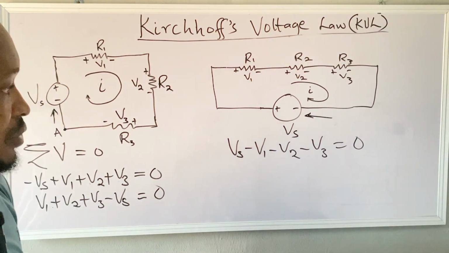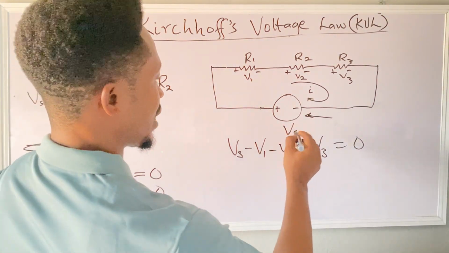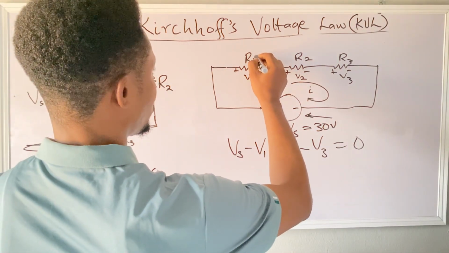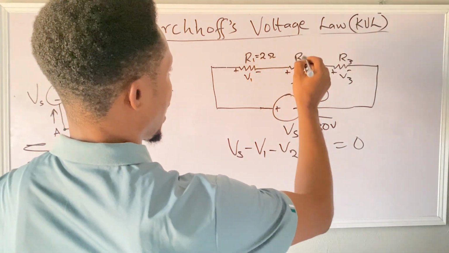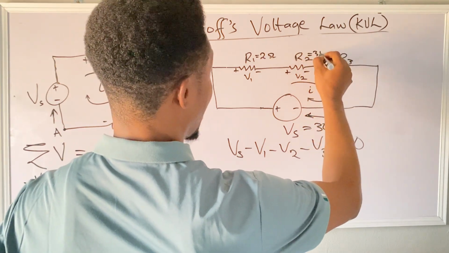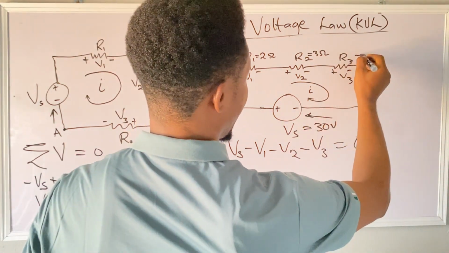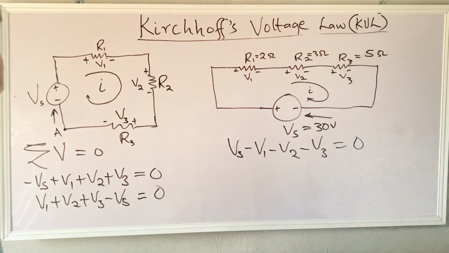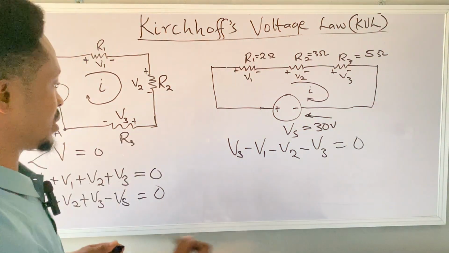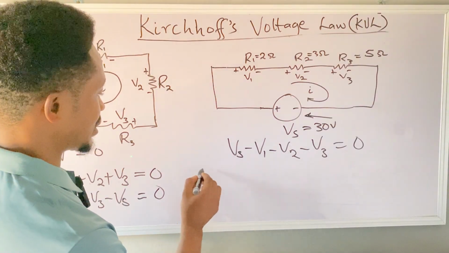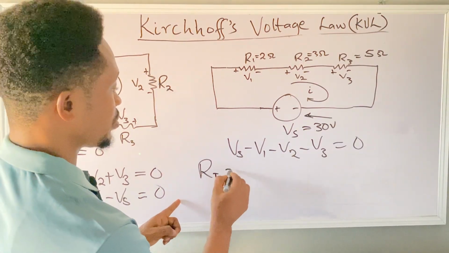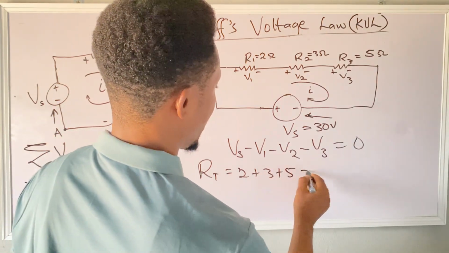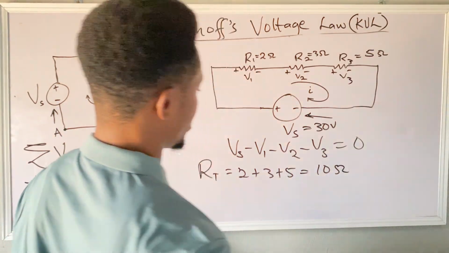Let's take an example. Assuming that Vs is equal to 30 volts, R1 is 2 ohms, R2 is 3 ohms, and R3 is 5 ohms. Since they are connected in series, the total resistance R total will be equal to 2 plus 3 plus 5, and that will give us 10 ohms.